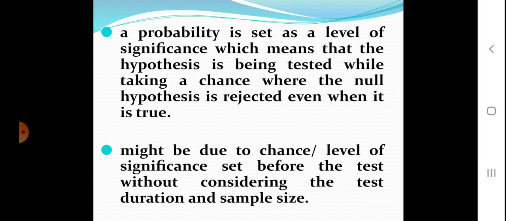Thus, type 1 error might be due to chance or the level of significance set before the test, without considering the test duration and sample. This is about the causes of type 1 error.